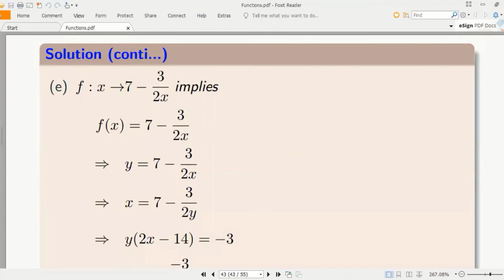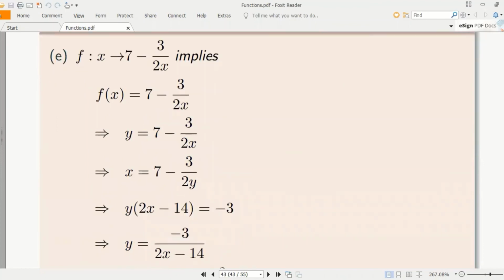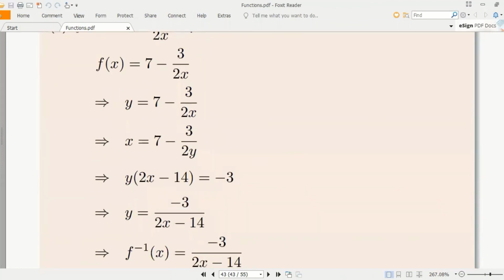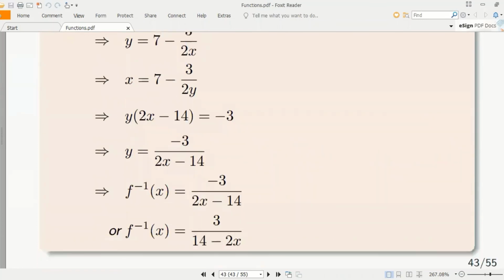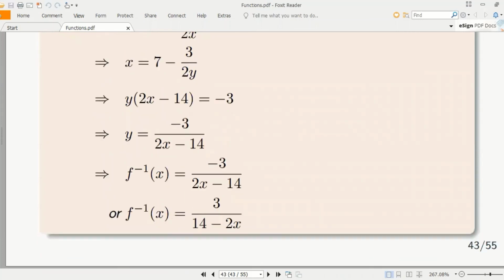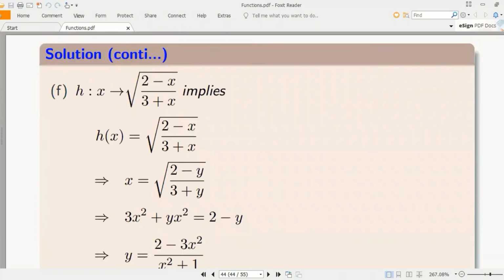Then we have this other question, E. Pause the video, and after you've done it, compare the results. If you find your answer is wrong, pause the video and look at my working.